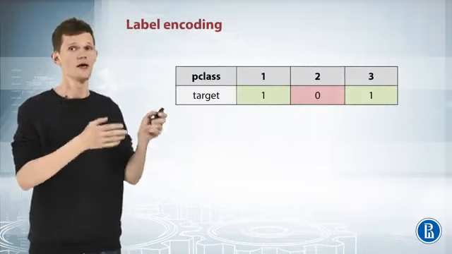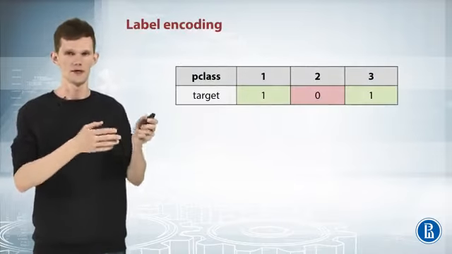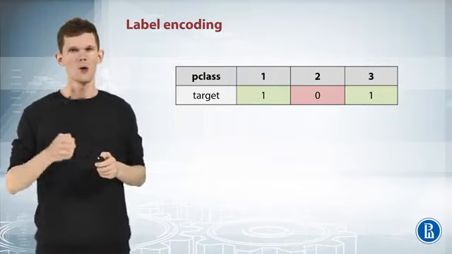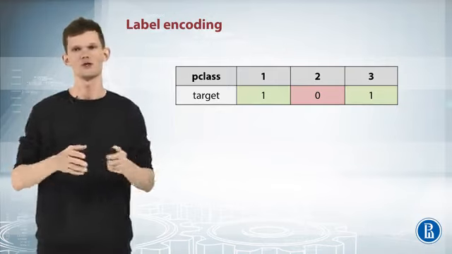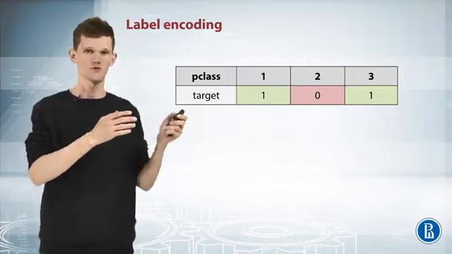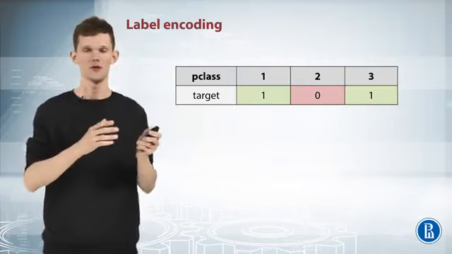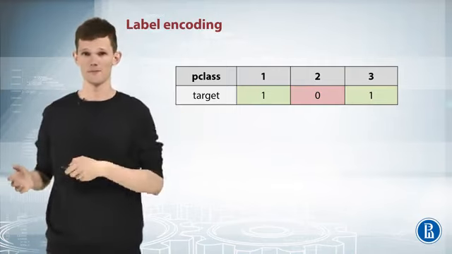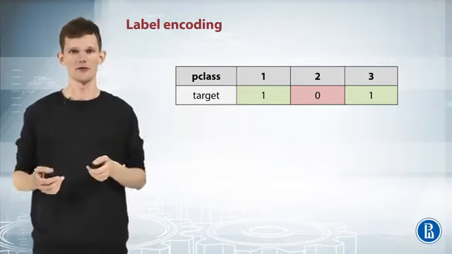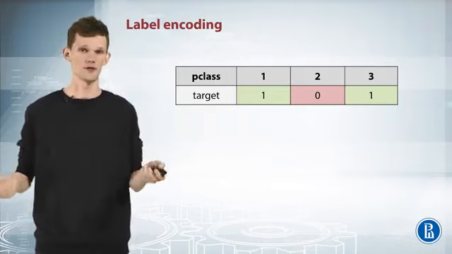To illustrate this, let's remember an example we had in the beginning of this topic. What if P-class of 1 usually leads to target of 1, P-class of 2 leads to 0, and P-class of 3 leads to 1? This dependence is not linear, and linear model will be confused.